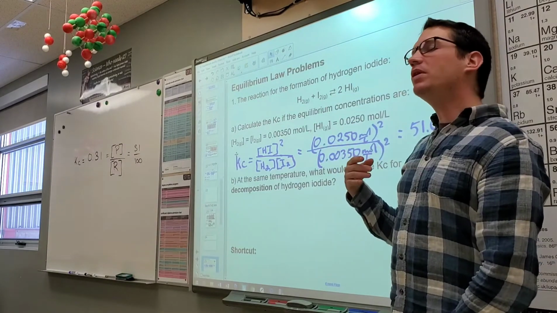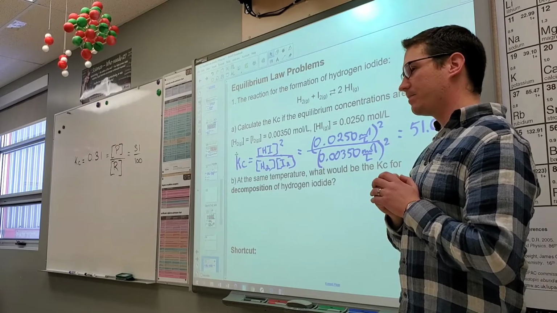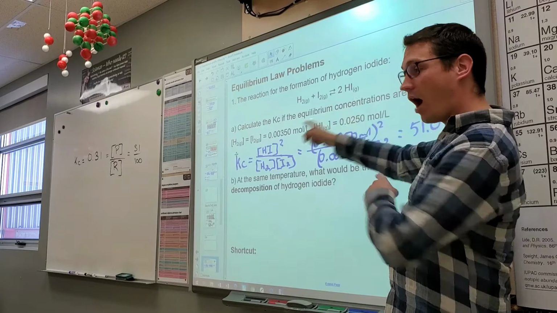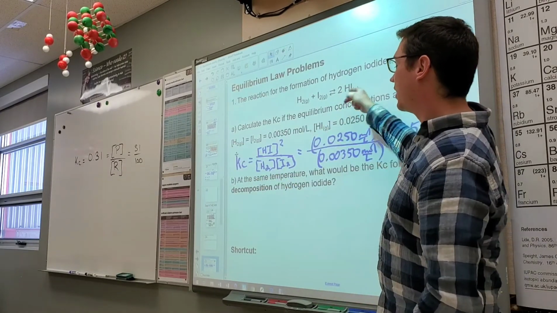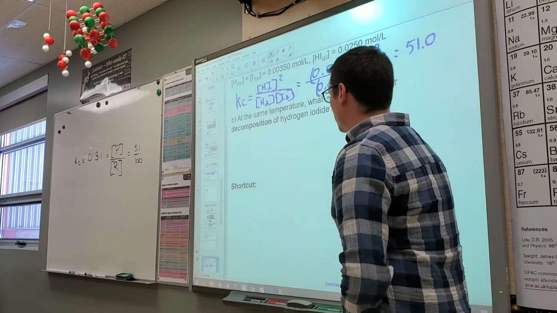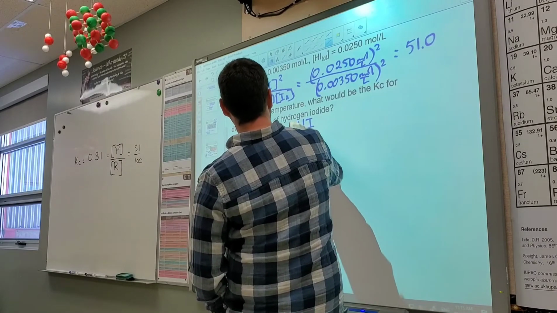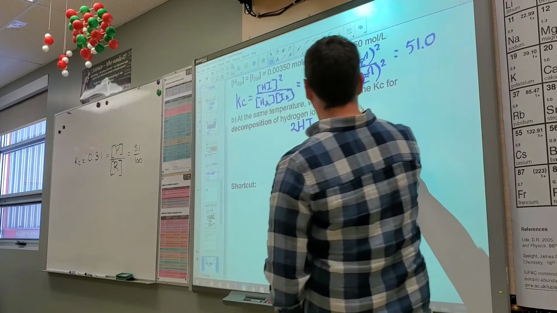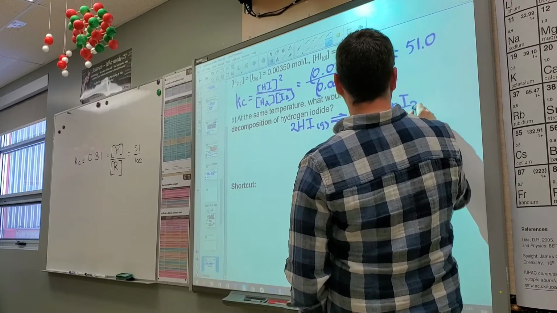Well, what would be the decomposition of hydrogen iodide? Would it be the exact opposite of this reaction? You're taking hydrogen iodide and turning it into hydrogen and iodine. So, okay, let's write that. Let's take 2 hydrogen iodides and decompose it into hydrogen and iodine.